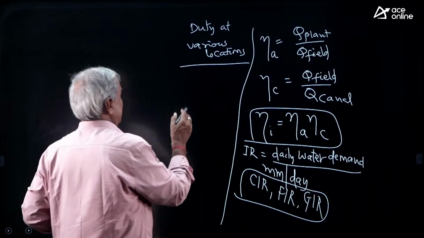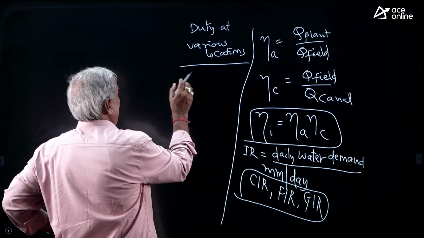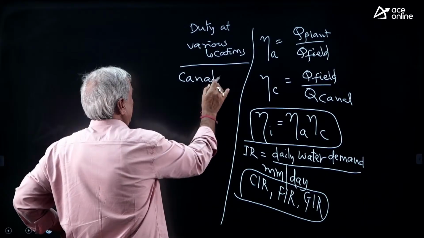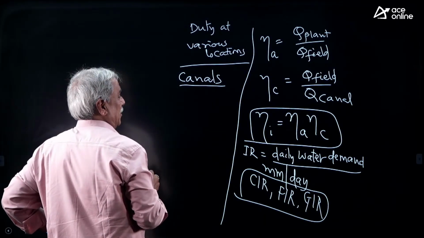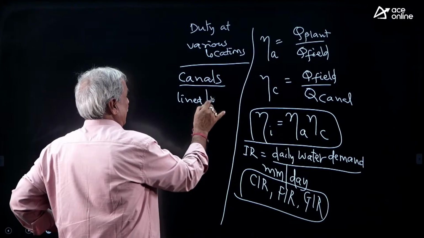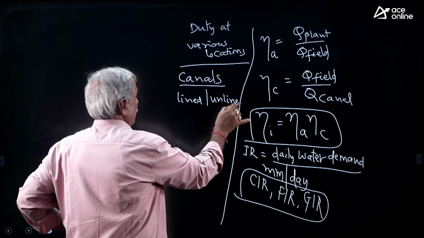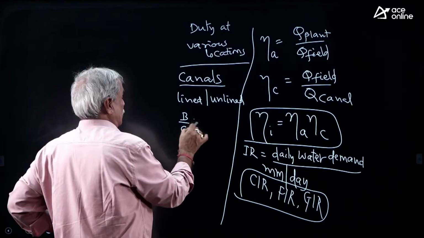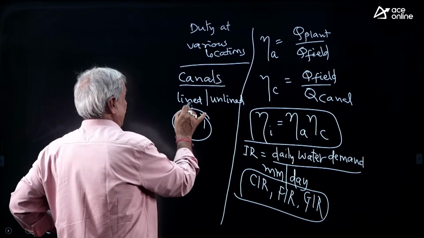Then afterwards, when you see about the design of the canals, what are the types of the canals? Lined canal, unlined canal. We'll be calculating the benefit cost ratio. If the benefit cost ratio is more than 1, we go for lined canal.